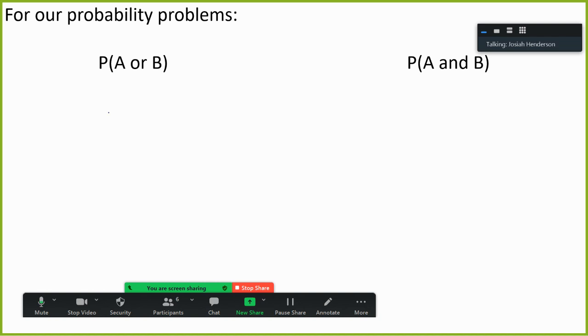So for our probability problems or questions, here's the 2 basic outlines. On the left, probability of A or B, or keyword. Both of these are addition rule. And then today's are on the right, probability of A and B. So this is 2 events that both have to happen.